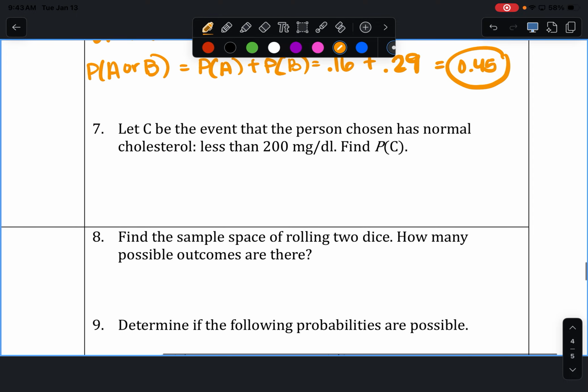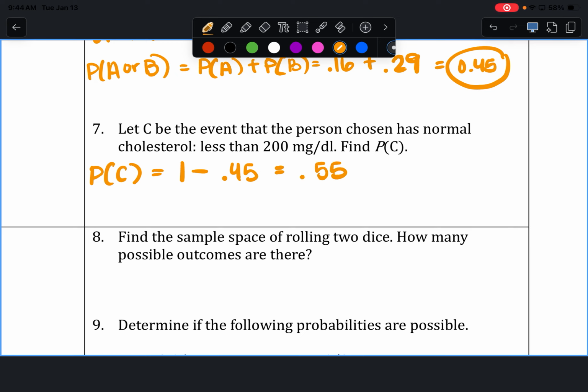So to do this, the probability of C is equal to 1 minus the probability that it's high or borderline, which was 0.45. So what is 1 minus 0.45? So about 55% of adult Americans have normal cholesterol. That's what that means.